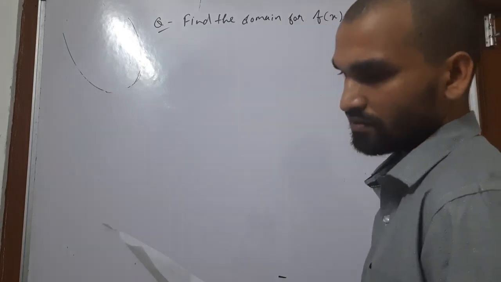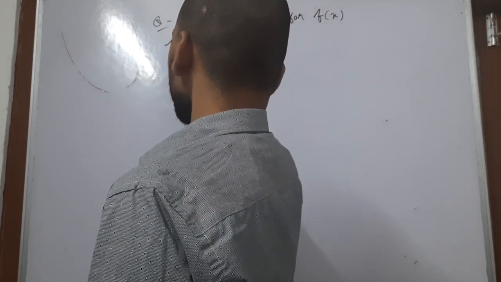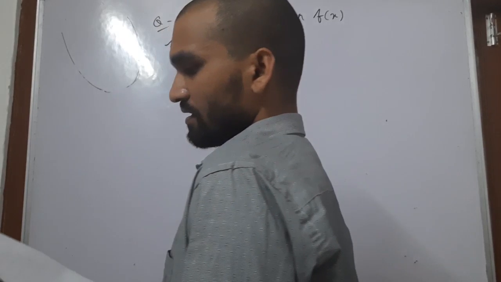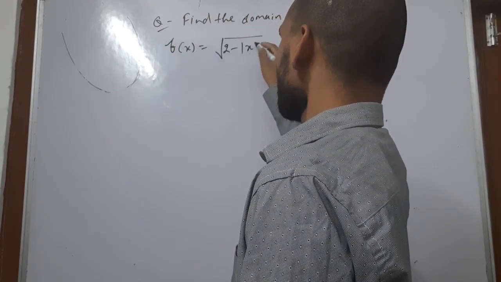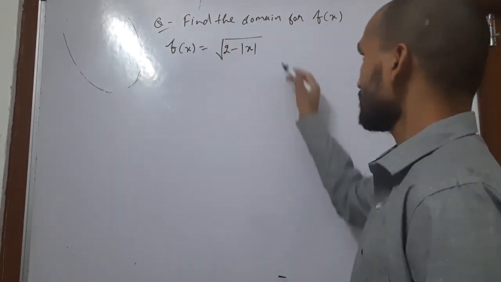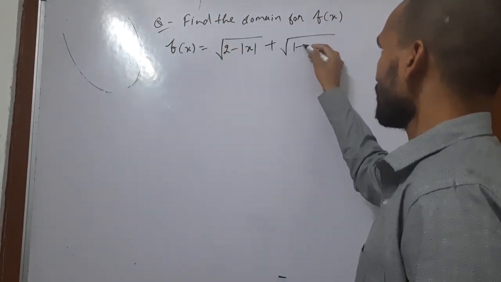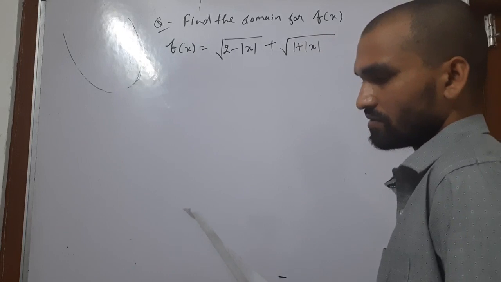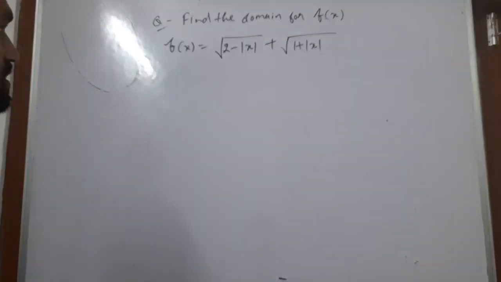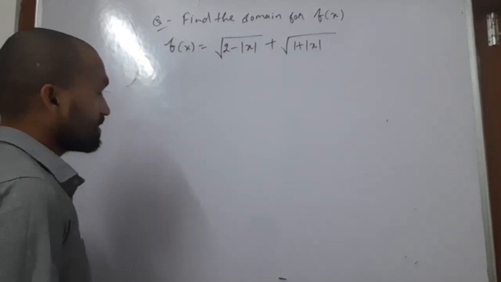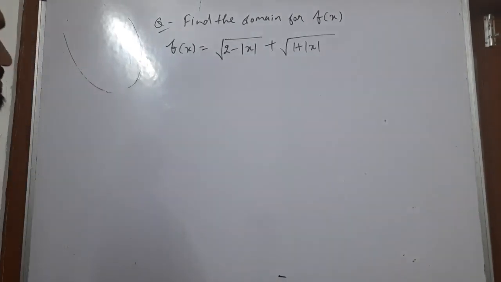What is the question? f(x) is equal to square root of 2 minus mod x plus square root of 1 plus mod x. Okay friends, we have to find the domain of this function. So let us start the solution.